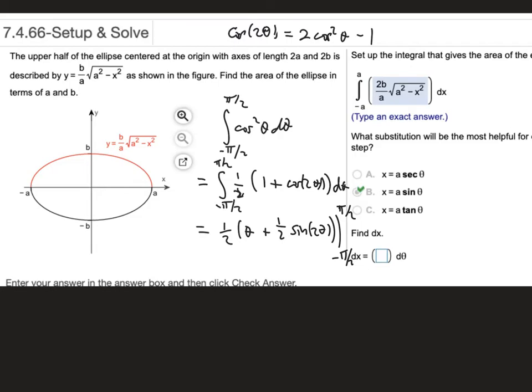And so then finally, when I plug the numbers in, theta's pi over 2, and then this guy here is not going to do anything interesting at all, because sine of pi and sine of negative pi are both 0. So when you put pi over 2 in for theta or negative pi over 2 for theta, this is going to be 0. So you end up with 1/2 pi over 2 plus 0 minus 1/2 negative pi over 2 plus 0.